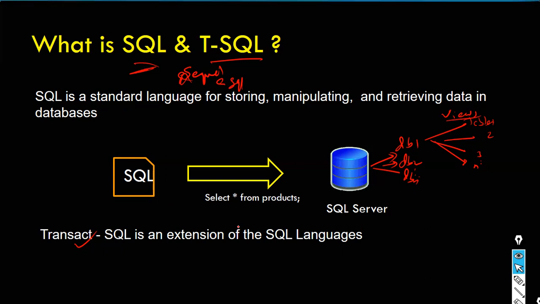It is an extension of the SQL language, used primarily with Microsoft SQL Server database and its software. Now you might be asking, is it because of the brand? Are they using a different naming standard? Instead of SQL, are they saying T-SQL?